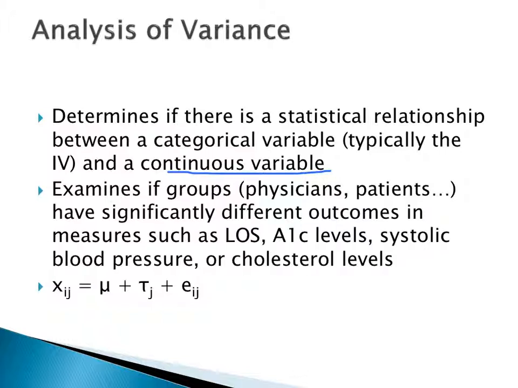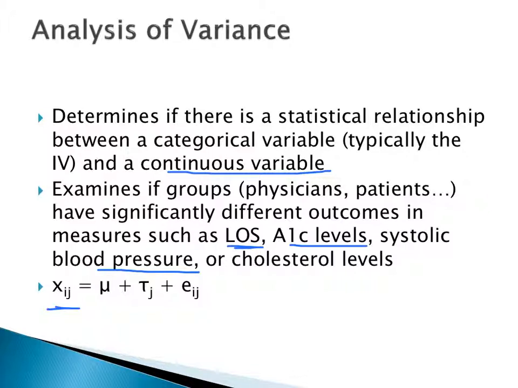For example, you might want to look at types of people, as we just talked about, perhaps boys and girls and so forth, or patients, physicians, and does that group have significantly different outcomes in measures such as length of stay, which is a more continuous variable, or some outcome variable like blood pressure, A1C levels, and so forth.